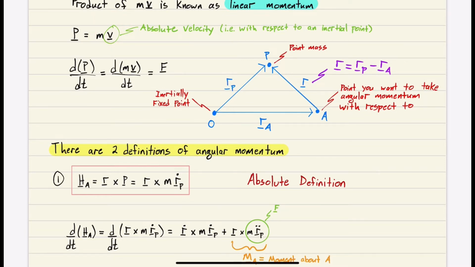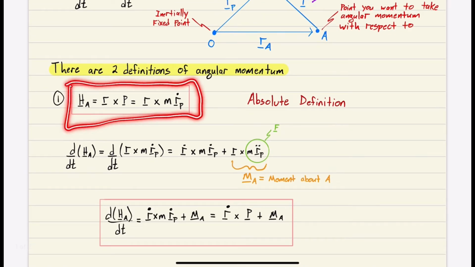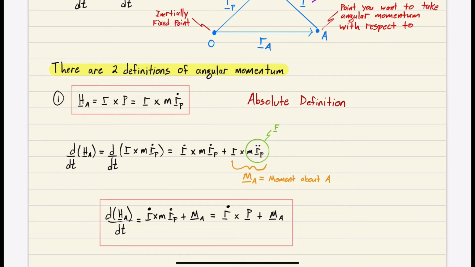And we can rewrite this if we expand this P. It will be R crossed with m times R_P dot, right? Because the derivative of R_P would be our absolute velocity of point P, because it's taken with respect to this inertial point O. And then we can take this definition of angular momentum and take its derivative.